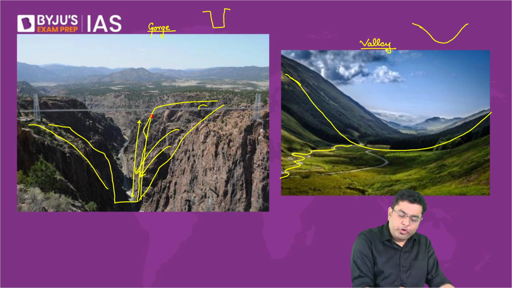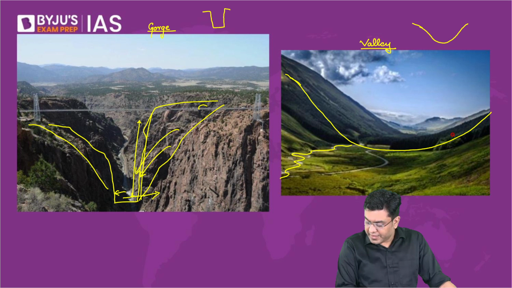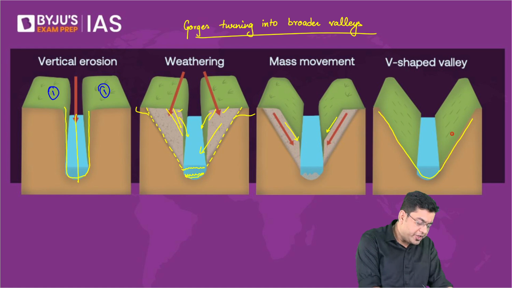So that is how slowly and steadily it will get broader. The river also will erode the surrounding region somewhat, and that is how eventually you will have the creation of a valley-like structure.